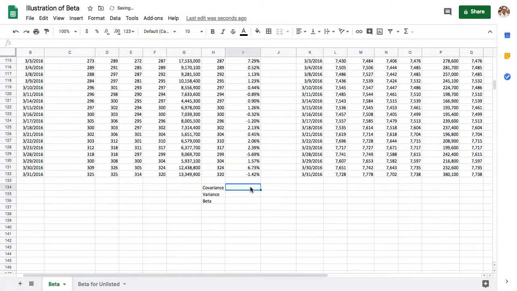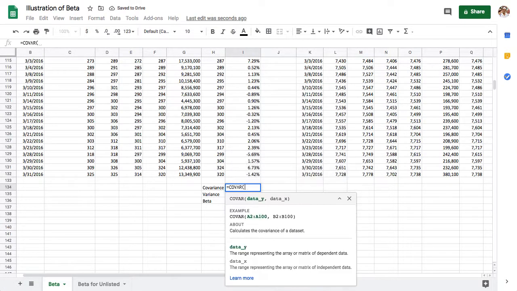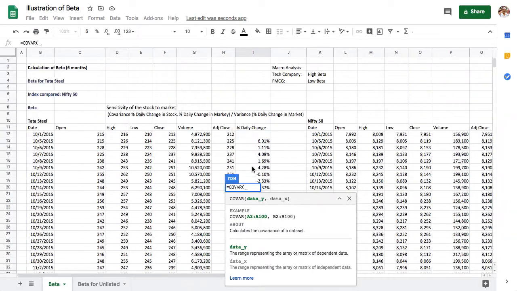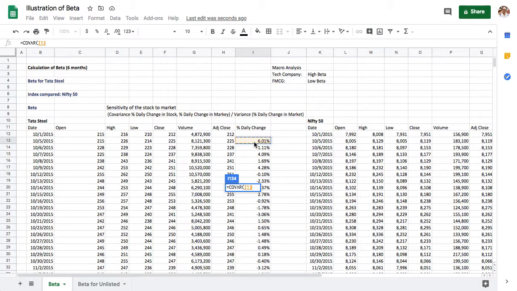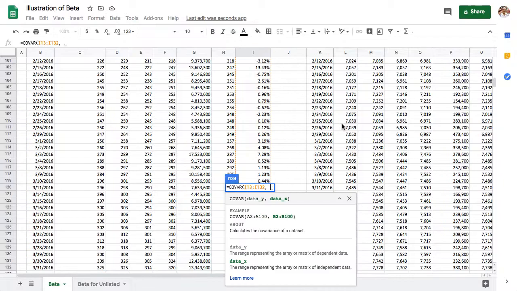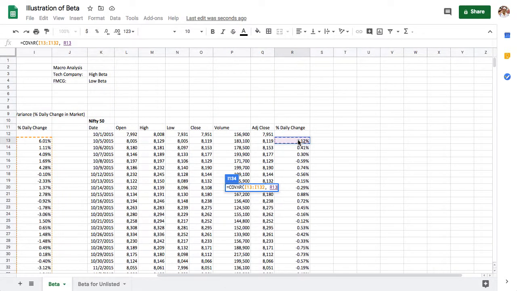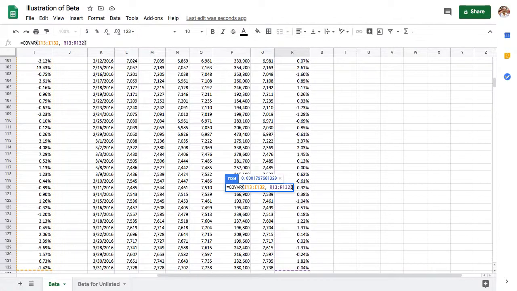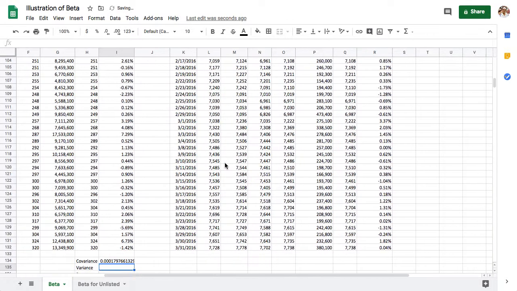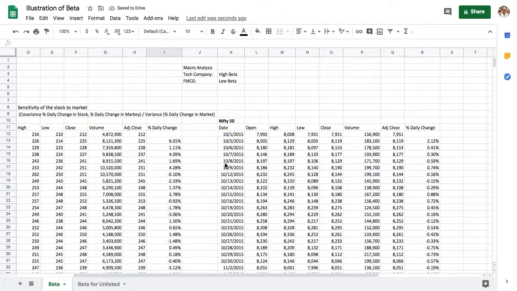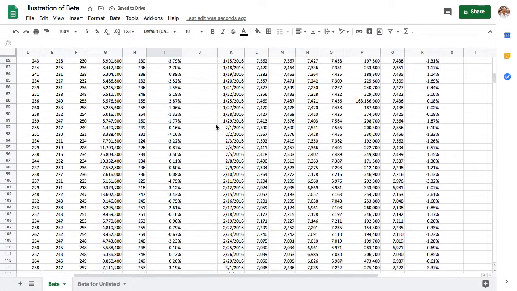So what we need to do now is calculate. I'll just delete this because I had calculated these earlier. So equal to covariance, and we'll first take the stock, comma, then we'll take the market. Now what we need is the variance of daily percentage change in market.